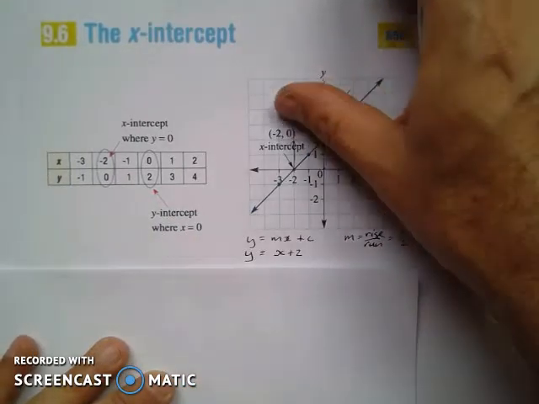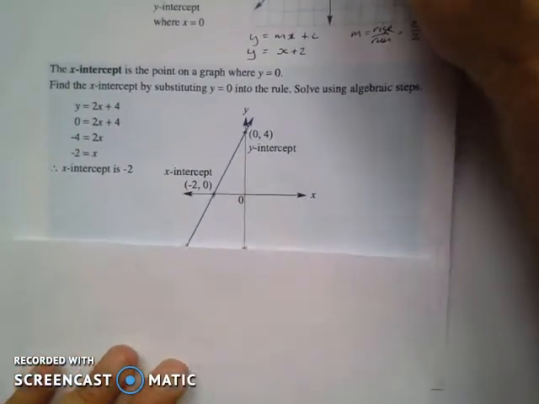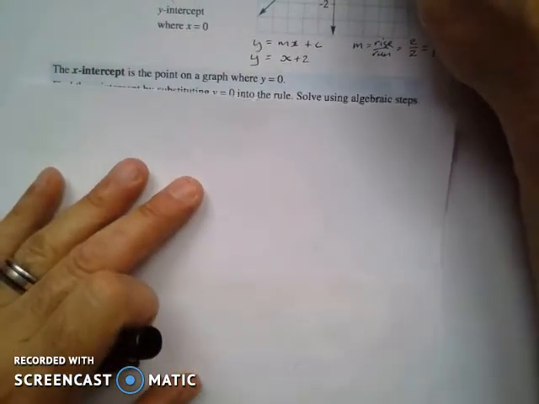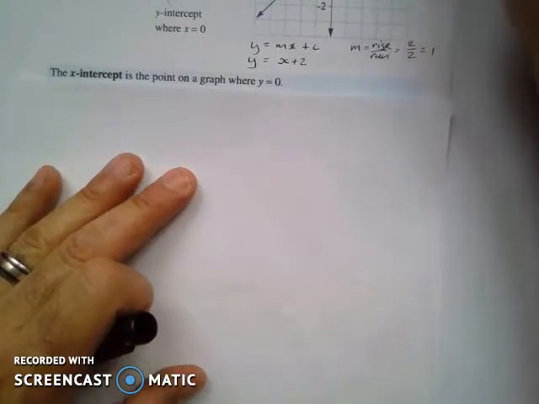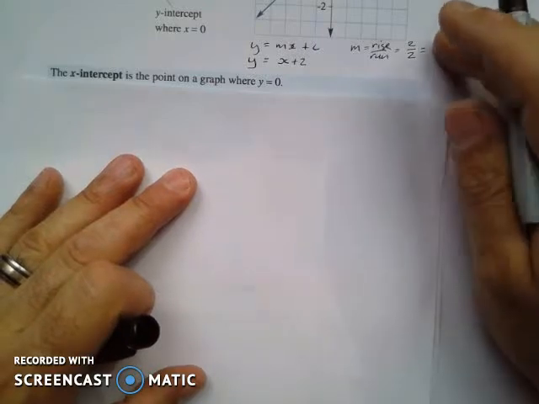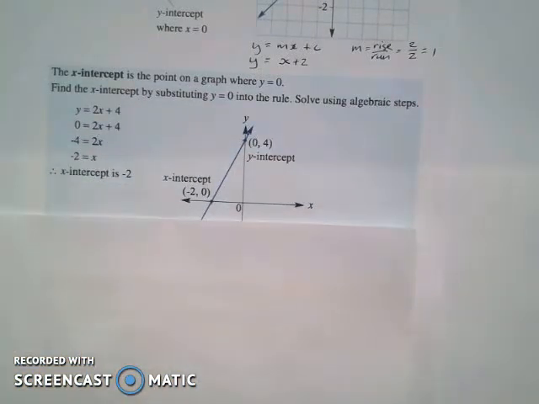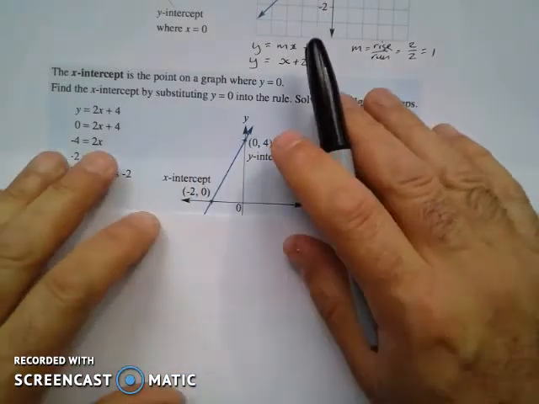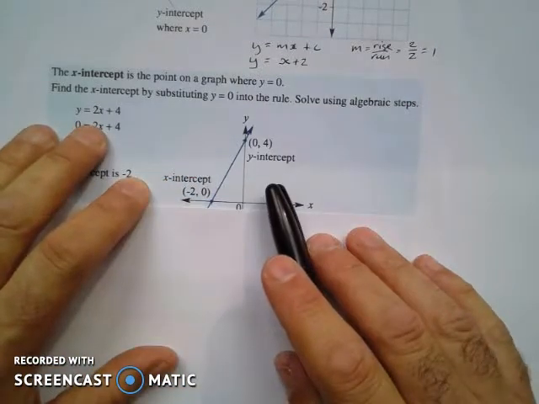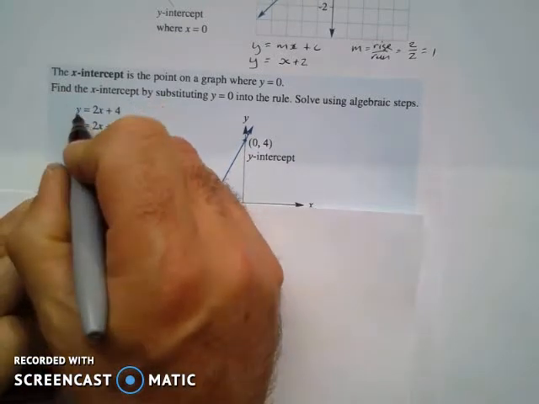Let's quickly look at this example. The x-intercept at any point of the graph is where y is 0, and we already know that the y-intercept is where x is 0. They say find the x-intercept by substituting y into the rule. So if I have the rule y equals 2x plus 4, my x-intercept is where y is 0.